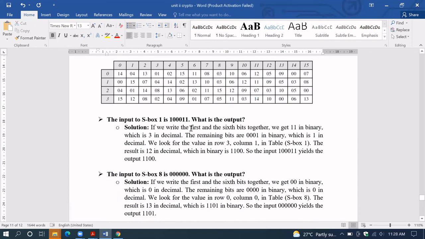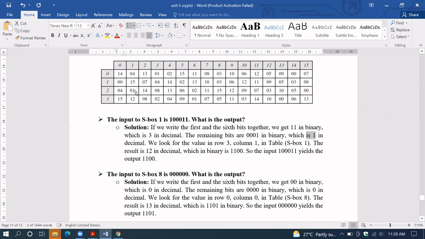What we have to do is write the first and 6th bits together, which is the first bit, 1, and the 6th bit, 1. Combined together, 11 in binary, which is 3 in decimal. The remaining values here are 0001 in binary, which is 1 in decimal.